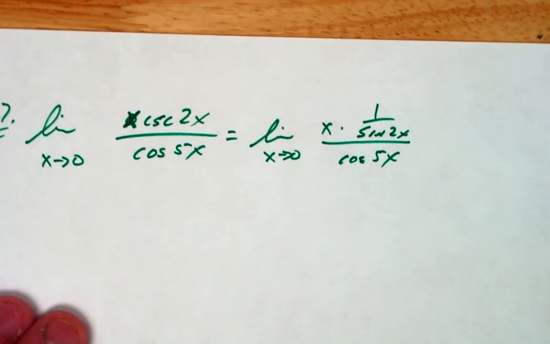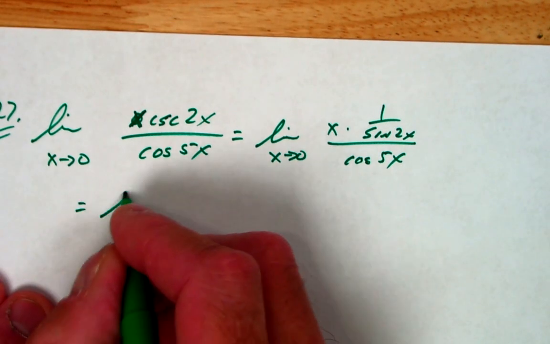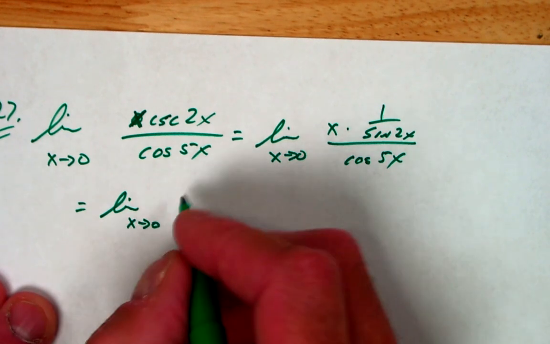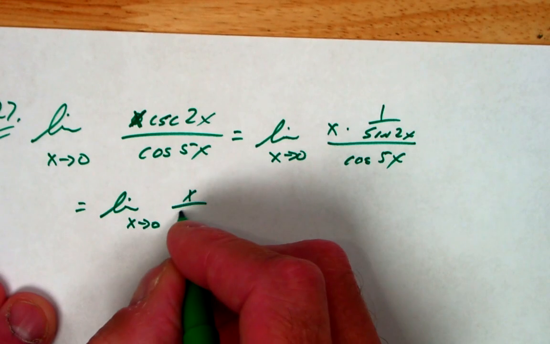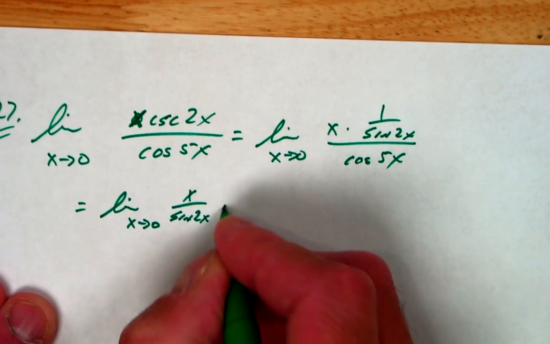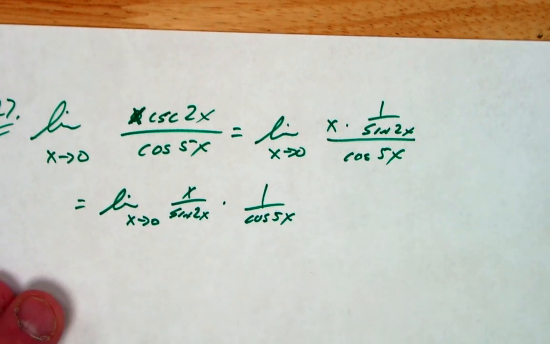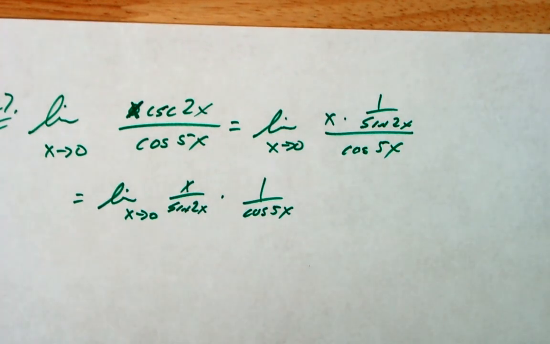Limit as x approaches 0 of x over sine of 2x times 1 over cosine of 5x. Okay, I want to make sure I haven't lost anything in conversion here. Okay, so I think we're okay.